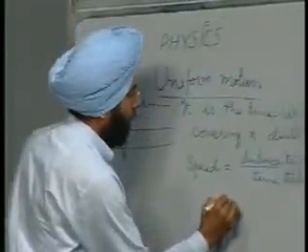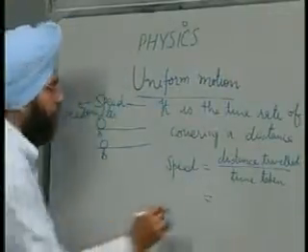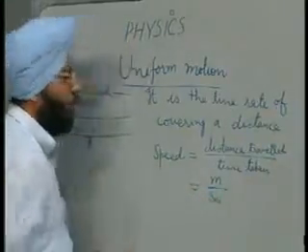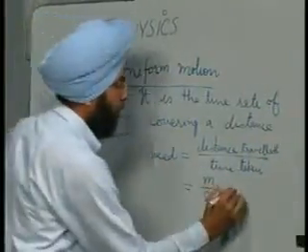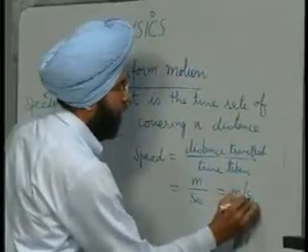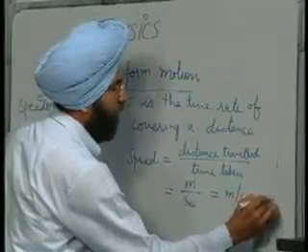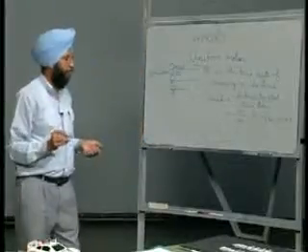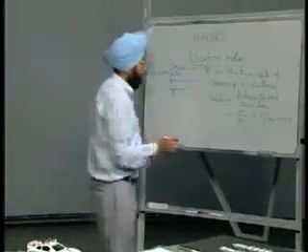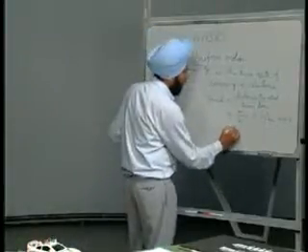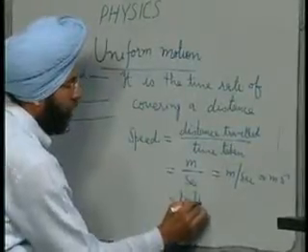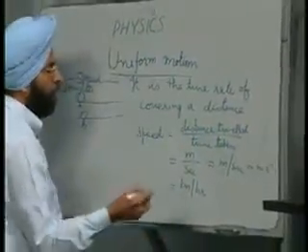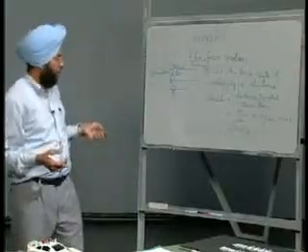Now, distance is measured in meters, time is measured in seconds. So, unit of speed is meter per second, or we can write it meter second inverse, s minus 1. Other units of speed can be kilometer or miles per hour, and maybe centimeters per second also.